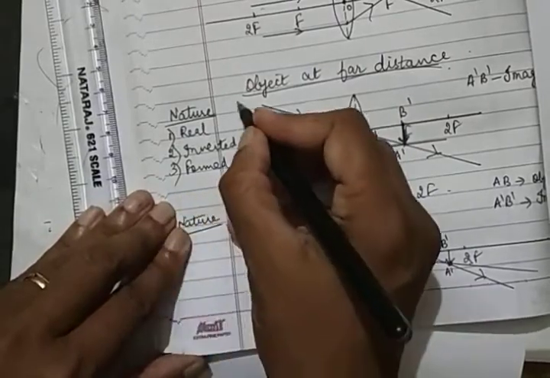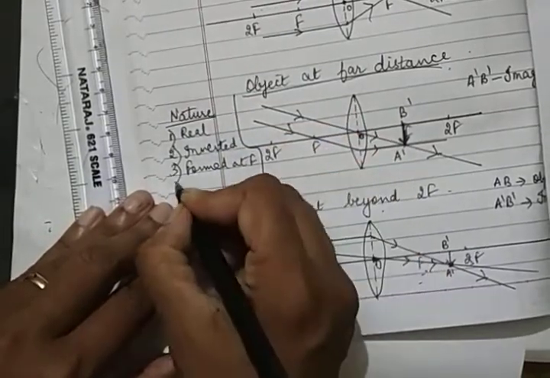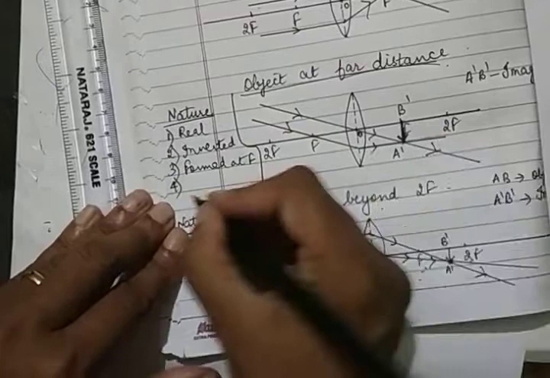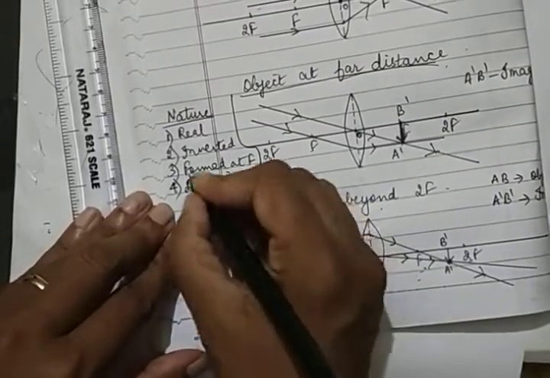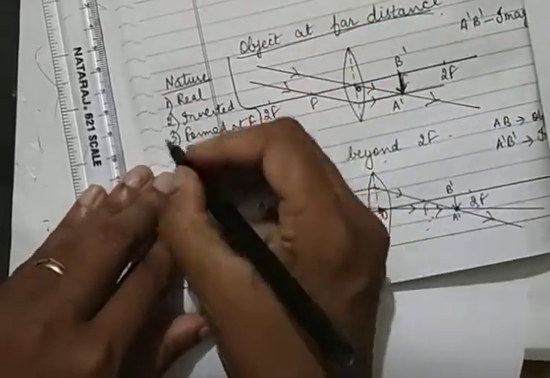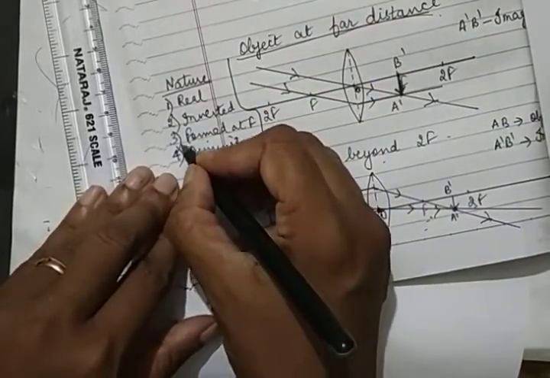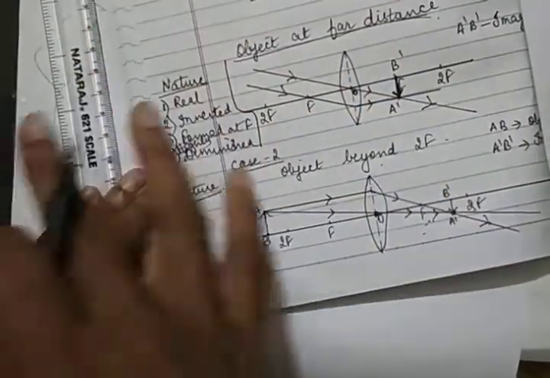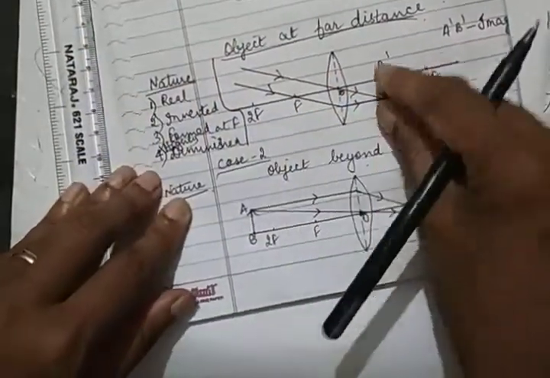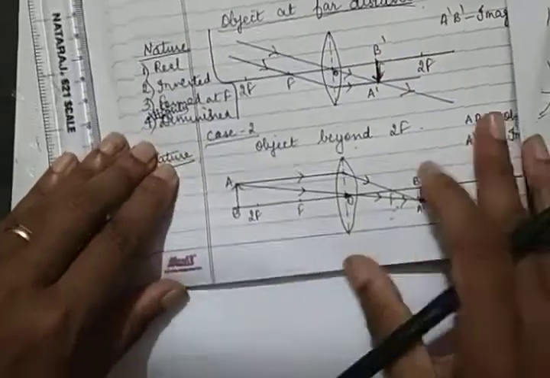Focus, and then fourth one, size is diminished. It will be actually extremely highly diminished, because from a distance you would have focused a big object like a bus or something and you would have got a small image. So highly diminished.